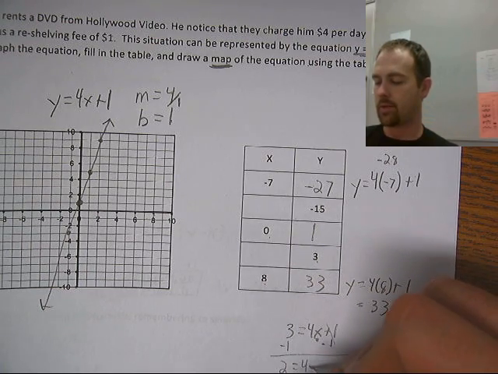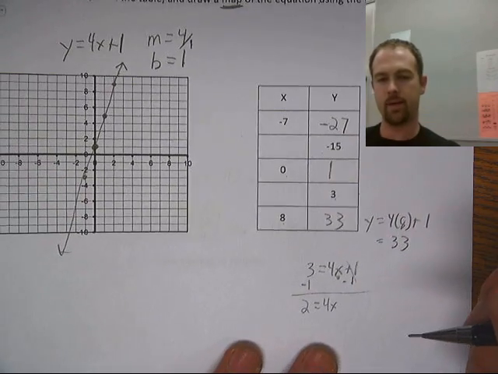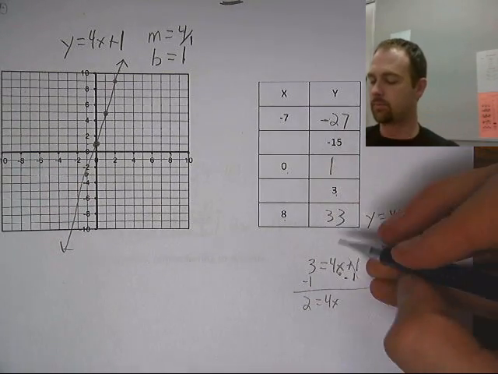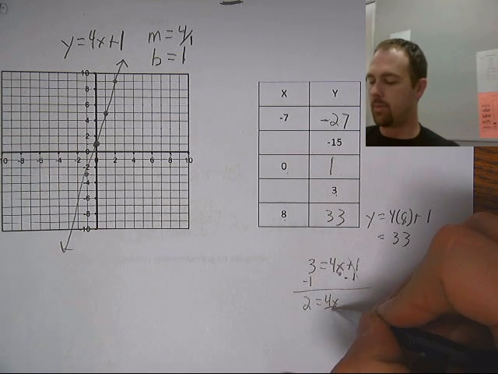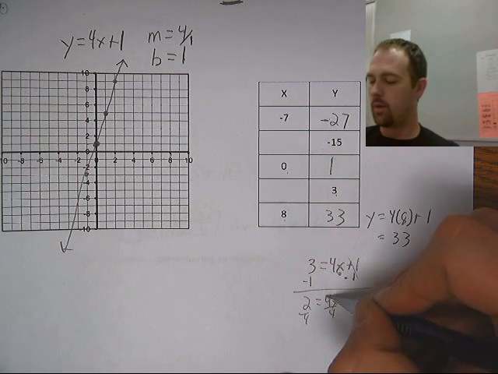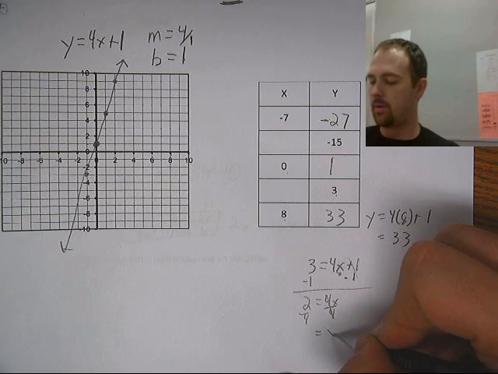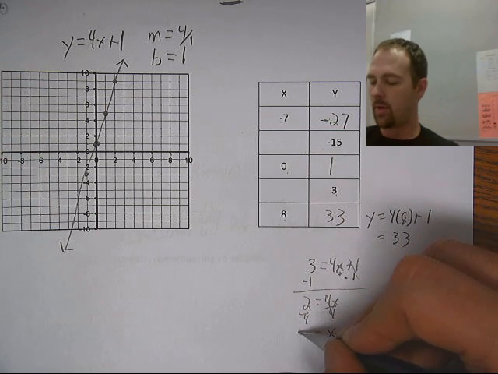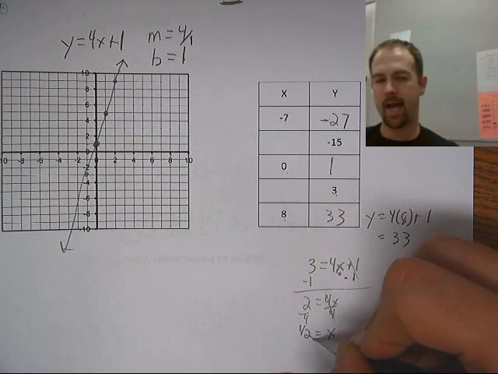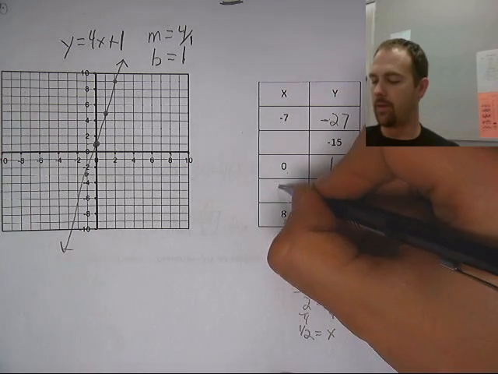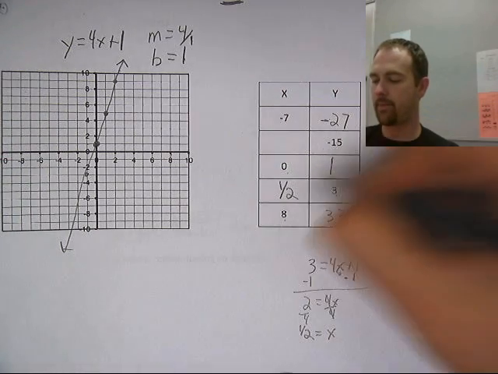The 4x gets written down, and 1 minus 1 cancels. We don't have to write it anymore. Now, divide both sides by this 4. These cancel, leaves me x equals 2 divided by 4 is 1/2. Let's go ahead and write that in there, 1/2.